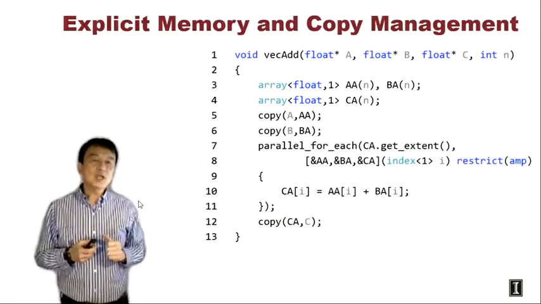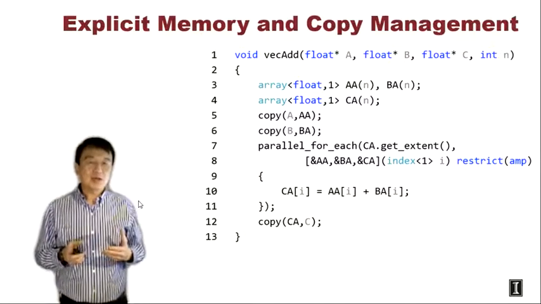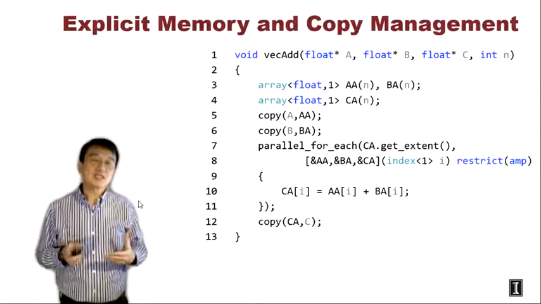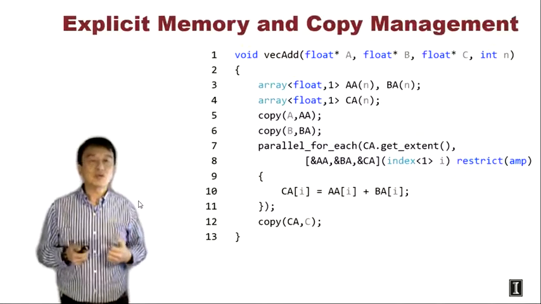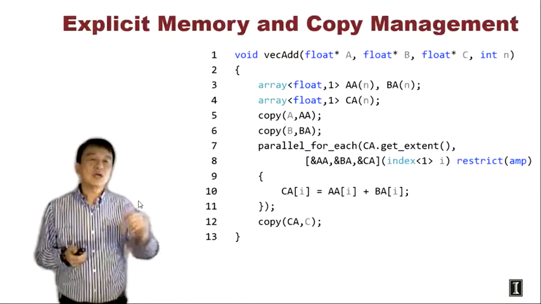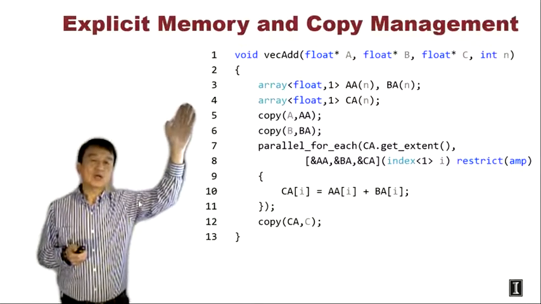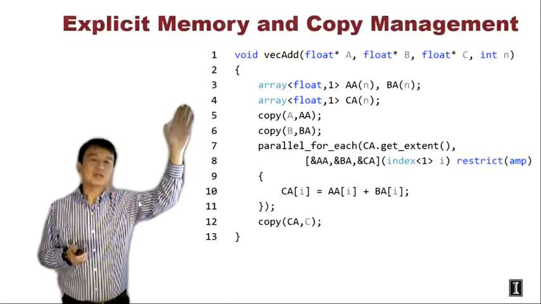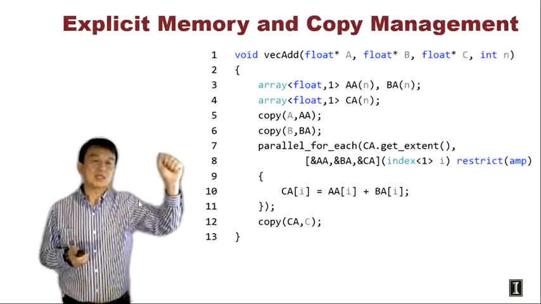However, if you really want to manage the memory allocation and data copy on devices yourself for performance reasons, C++ AMP does allow you to do so. Here is the vector addition example where, instead of using array view, we use a construct called array. This is also a template in C++ AMP. And then we see the copy statements.